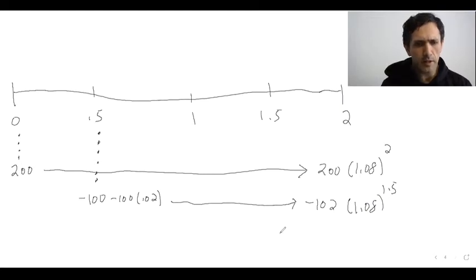And the same thing at the end of 1.5 years. So it's $100 withdrawn, and again there's a 2% penalty, so that becomes minus 102, and that earns 6 months of interest.